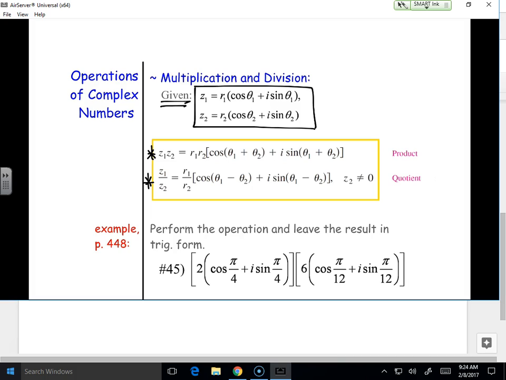Is there a pattern? Maybe I'm asking this too early. Think about it, don't answer. Is there a pattern to how the formulas work? Take a second as you're writing.